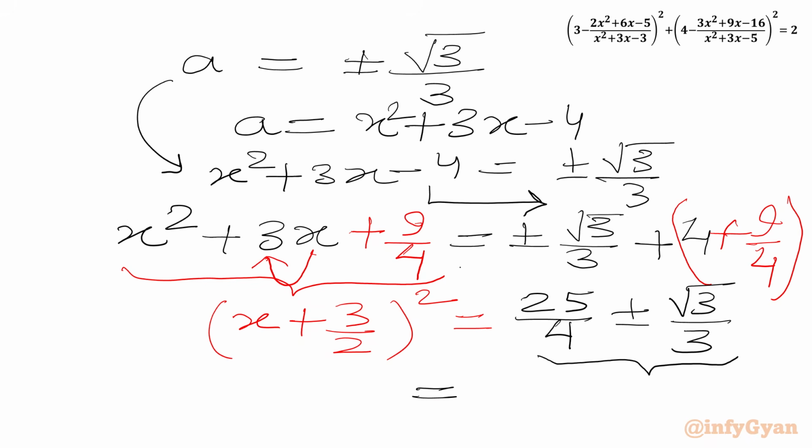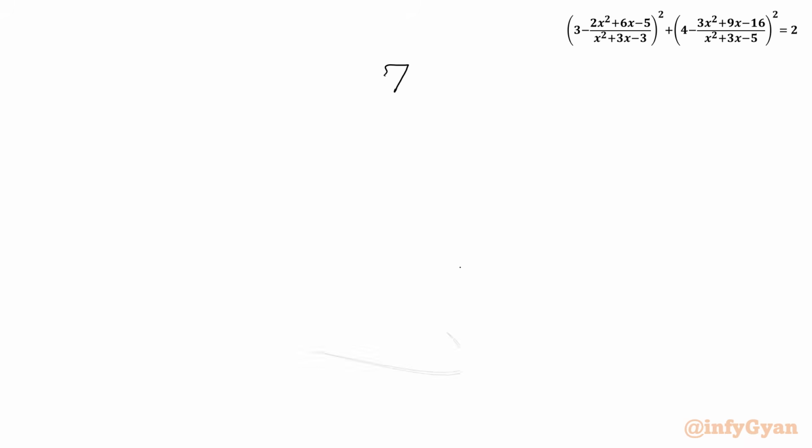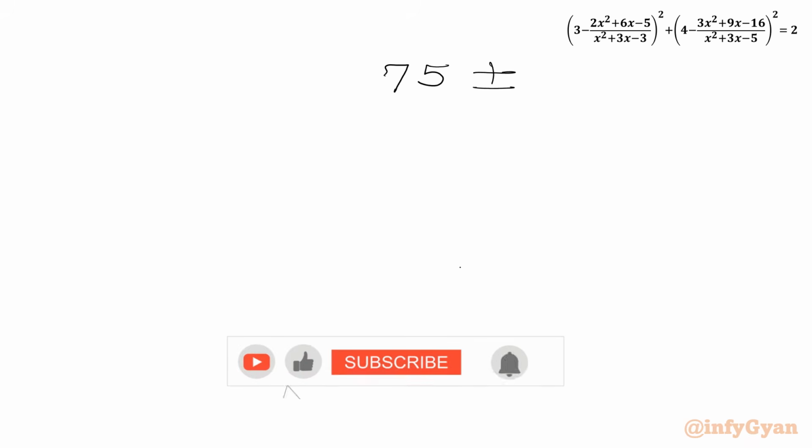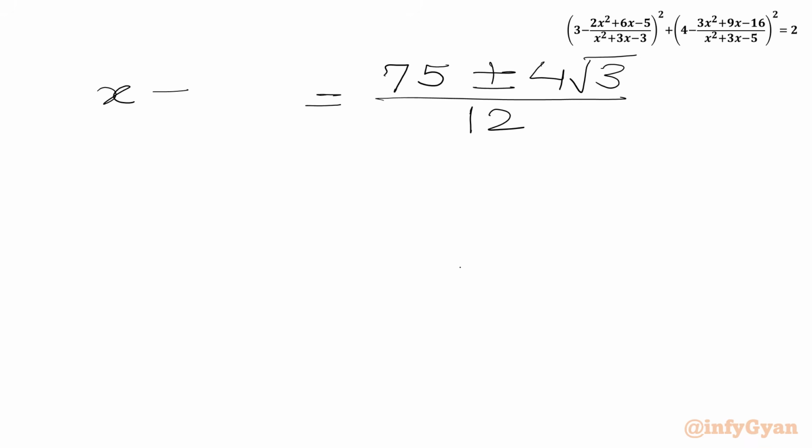So I can write here 25 times 3, 75 plus minus 4 root 3 over 12. So our equation is x plus 3 over 2 whole square equal to 75 plus minus 4 root 3 over 12. Let me write here 75 plus minus 4 square root 3 over 12 will be equal to x plus 3 over 2 whole square.